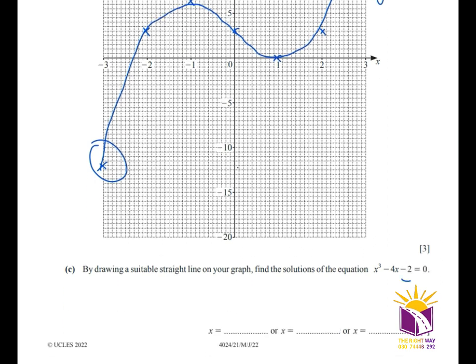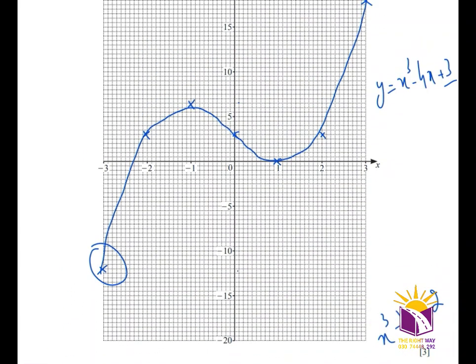So I can write x cubed minus 4x is equal to plus 2, and I am going to put this plus 2 over here, then it will be 2 plus 3, and y will be equal to 5.